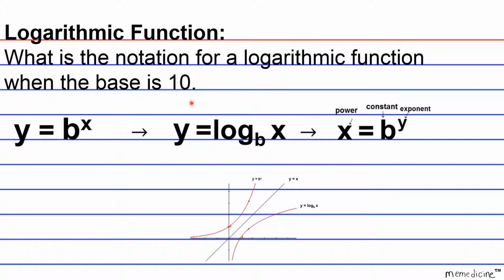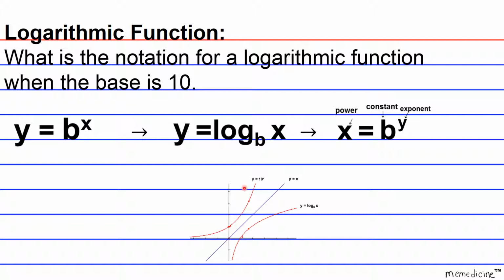Whenever your base is 10, this is going to be called the common logarithm. And the common logarithm is going to emanate from the exponential function y equals 10 raised to the x power, okay?